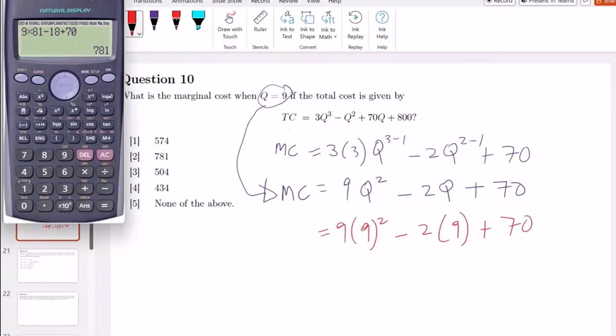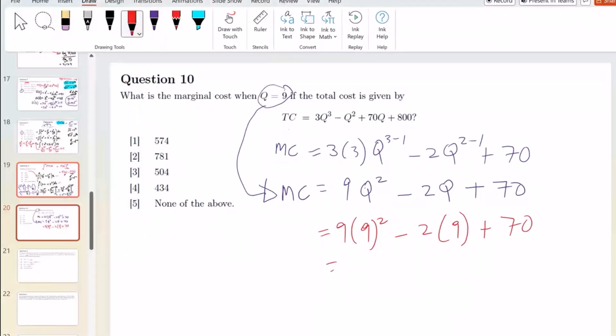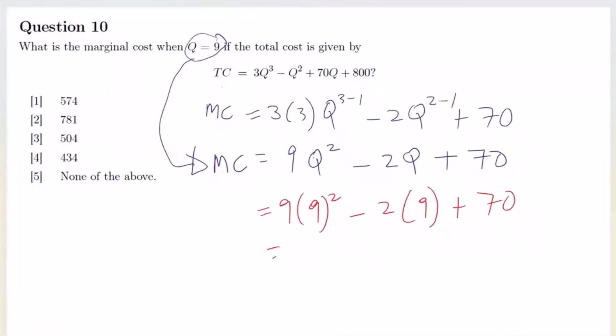The answer is 781. So the marginal cost is 781 when your quantity is equal to 9. This one was a matter of knowing that a marginal cost is the first derivative, just knowing that critical aspect, and then substituting.